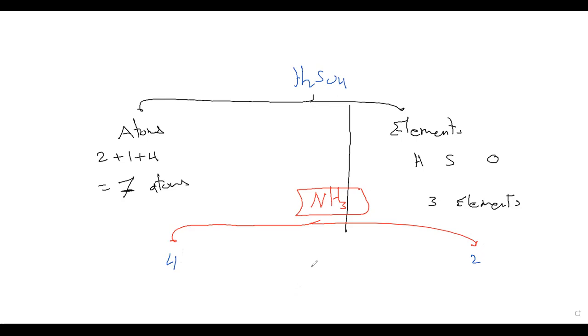So in case of Na2CO3, how many atoms? How many elements? Seven atoms.